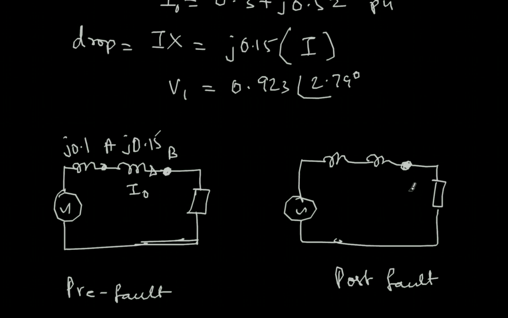Under post-fault, what Thevenin's theorem is stating is that I can just simply short circuit this. If I short circuit this, the voltage here will become 0. The same effect of getting voltage 0, I can also get something like 0 equal to 1 minus 1, so plus 1 minus 1 is also 0.